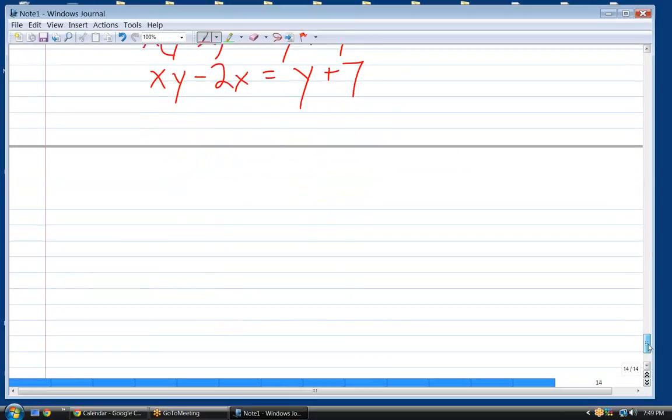And then you subtract xy on both sides. And then you subtract 7 on both sides.